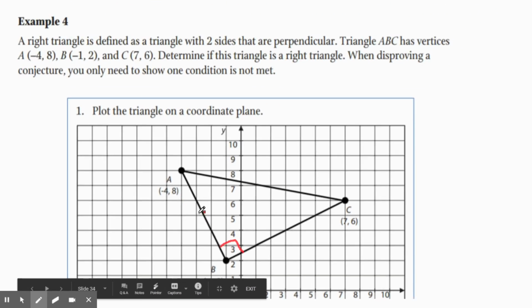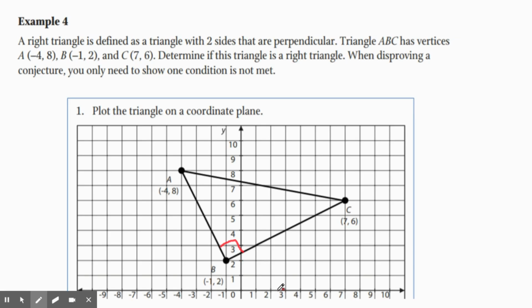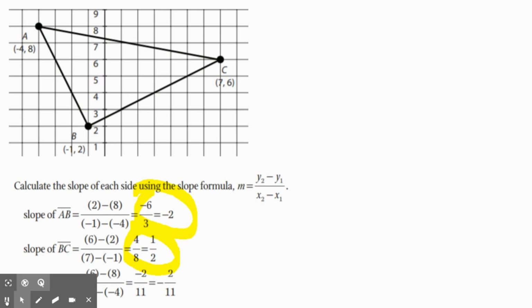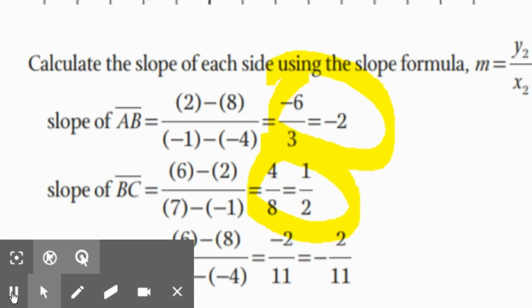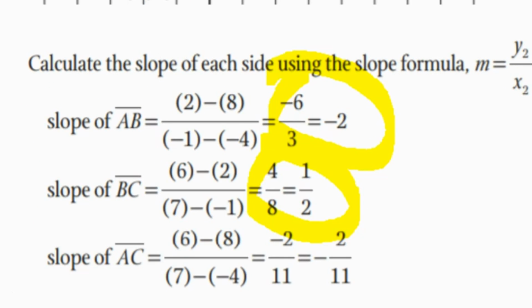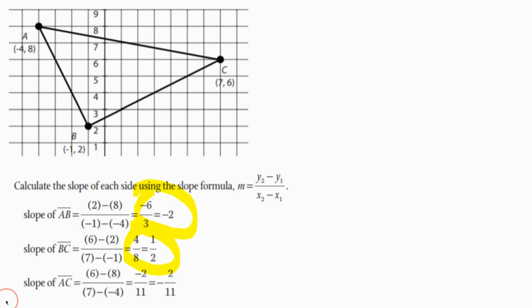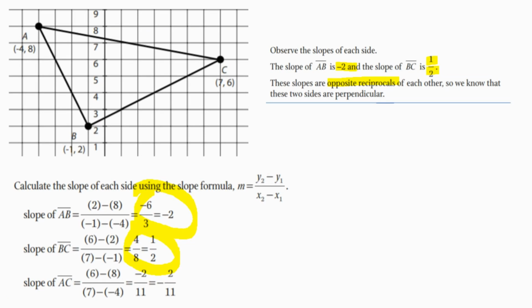So it becomes a matter of, can I prove that AB is perpendicular to BC by using the slope formula? After figuring out the formula for AB and BC, we can see that both slopes, negative 2 and 1 over 2, are opposite reciprocals.